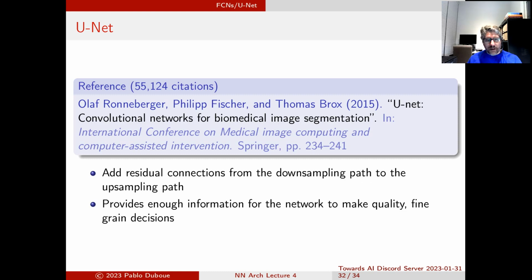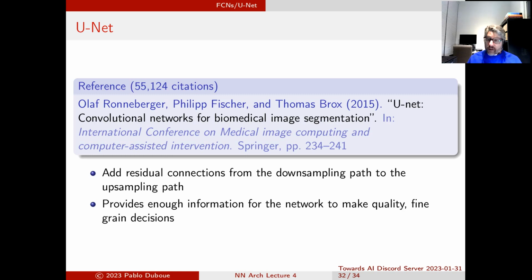And that's when Ronneberger, Fischer, and Brox came in and defined the UNet. The most interesting thing about this is that this FCN paper was published in a general deep learning venue, and it was a paper that received quite a bit of attention.